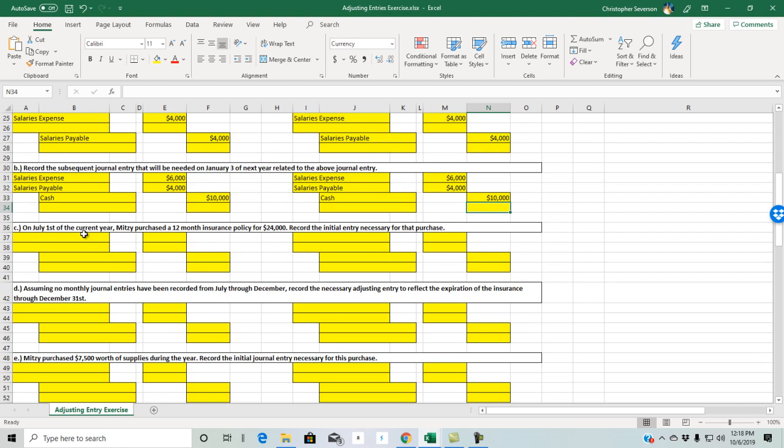Now we get into our first prepaid. Again, it's referred to as a reclassification or a deferral, whatever term you want to use. So there we are buying insurance. So this is a cash entry. It's not really the adjusting entry. Now, under the traditional method, we would set up the asset for prepaid insurance.